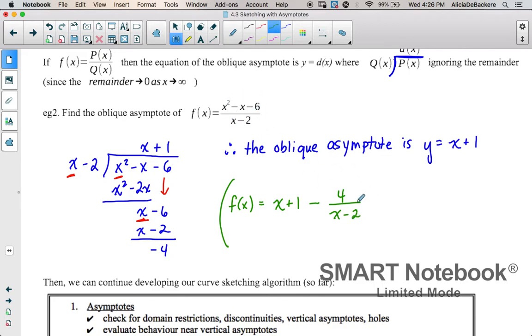But because x is approaching infinity, I'm thinking about the edges of the graph here, then the denominator is going to be infinity minus 2, which is still super big, and so 4 divided by that almost infinity is also going to go to 0. And so that's why I can just ignore the remainder. It doesn't actually matter. I'm going to end up with just x plus 1. Normally you wouldn't write this part down about justifying the remainder. I'm just trying to explain it for this particular example.